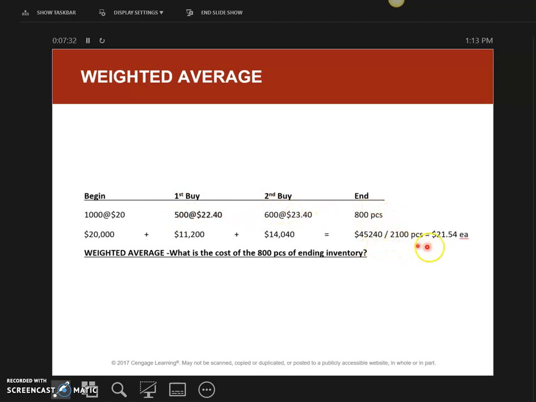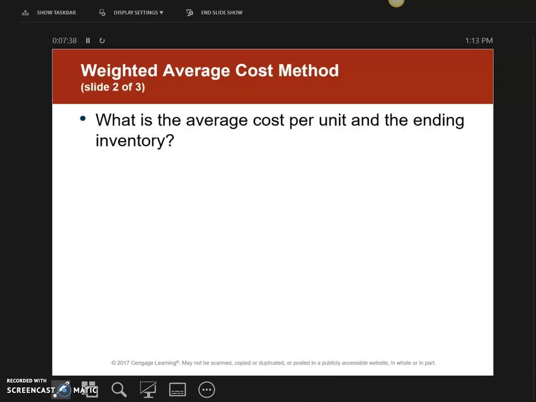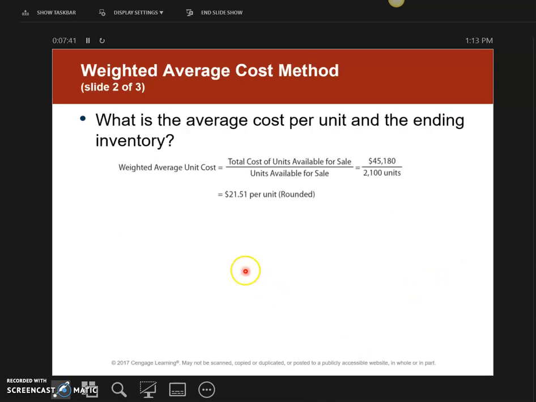So when I divide this, each one costs $21.54. So that's the cost of my ending inventory. I'm sorry, $21.50. I have a rounding issue. I did it wrong on the rounding. I am so sorry. It should have been $21.51. So that's my average cost per unit.